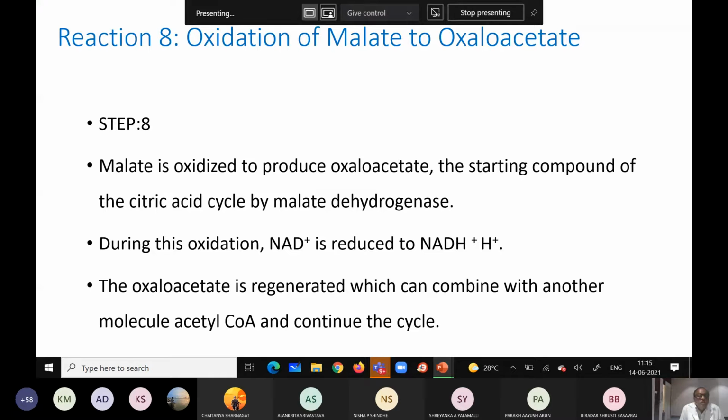So this is how the 8-step reactions take place, and while oxaloacetate is formed from the malate, there will be the oxidation of NAD, and it will be reduced to NADH. The oxaloacetate that is generated will combine with another molecule of acetyl CoA and continue the cycle, as I said earlier.